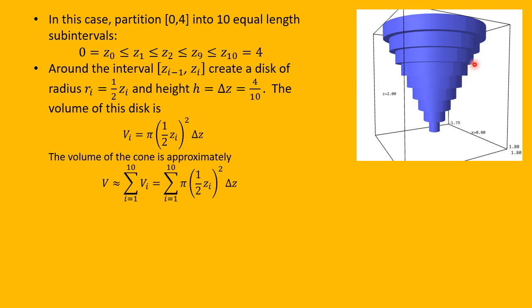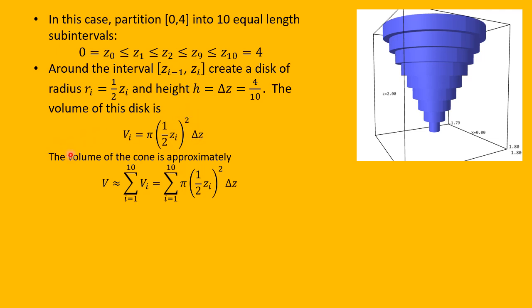First of all, if you look at a disk here, the radius is half the height, just as for the full cone, the radius is half the height of that cone. And so that gives us these two formulas. And then using the volume of a disk is pi r squared h, we just get pi times r squared times h.